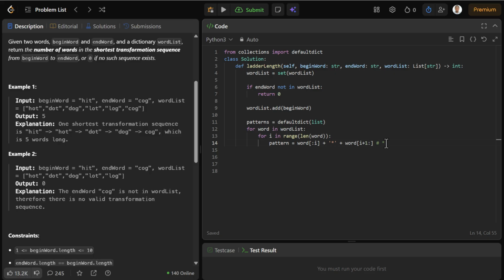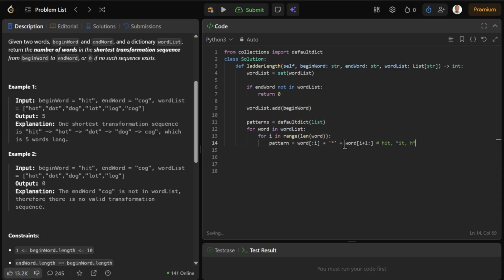Looking at HIT, because i is 0, we have from 1 to the end, so we have IT. That's the first loop. Then the second loop is when i is 1, so it goes from 0 to 0. It's going to be H, because this just takes the first letter here. Then after that, it appends a star here.